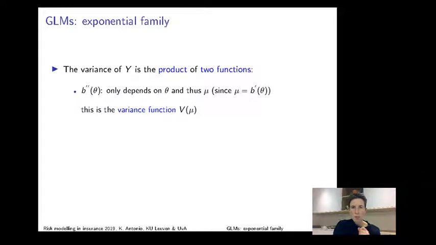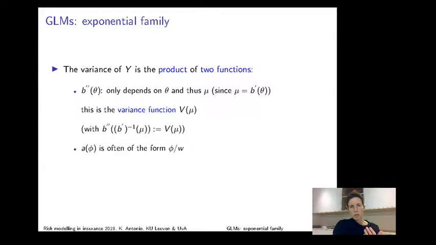So replacing theta with the inverse of b prime then demonstrates that this function in the expression for the variance of y is a function that depends on the mean. It's called the variance function. So in a GLM, you will be working with a distribution where the variance is a function of the mean.